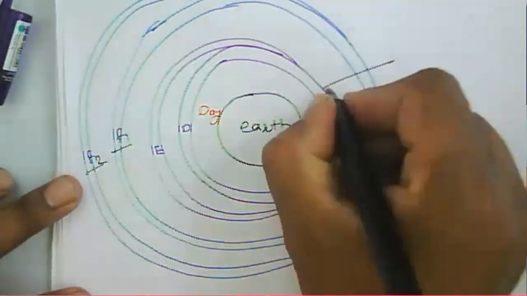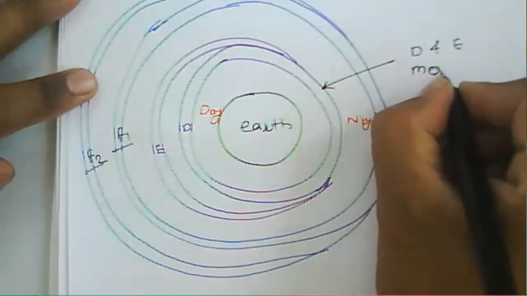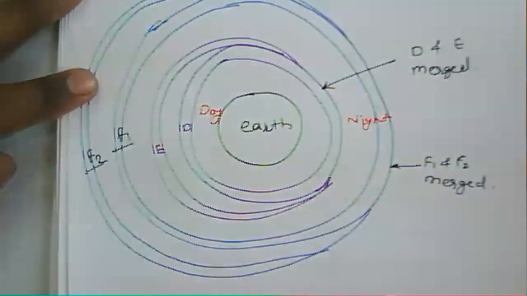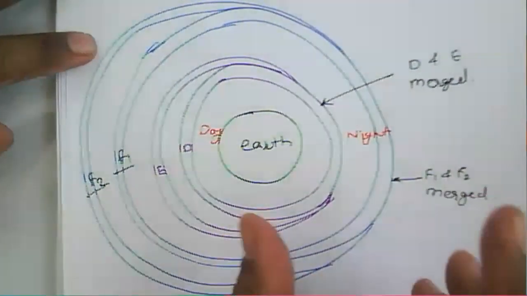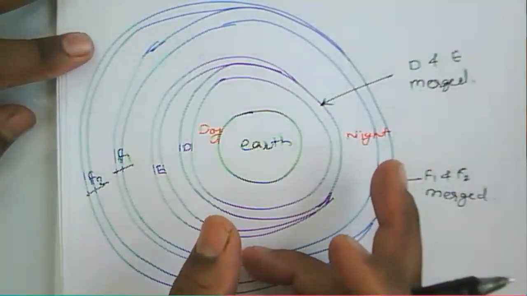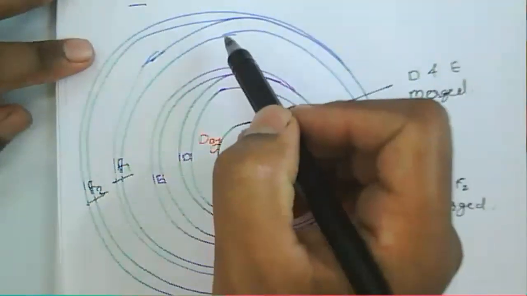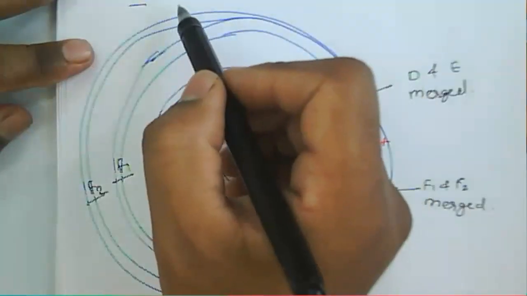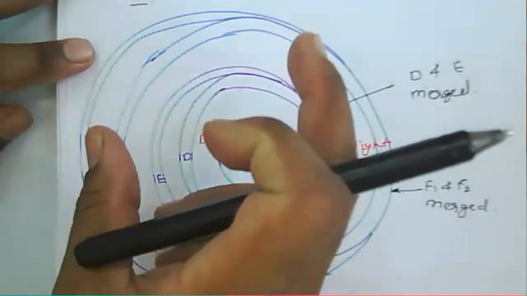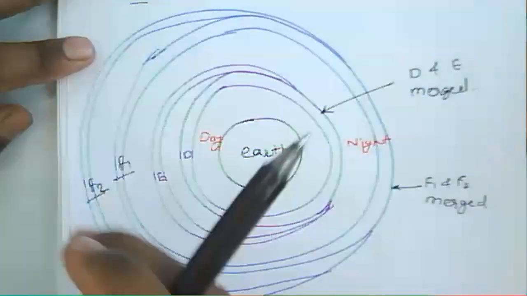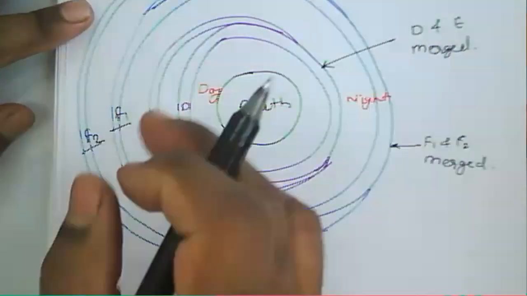So similarly, the D layer and E layer will be merged at night. So that's why we say that the atmospheric condition is time varying. Okay, atmospheric condition is time varying because of that solar radiation. So we say that the ionized gas molecules have free electrons and positive ions. Okay, so they change because of day and night. Okay, so we'll come to that particular point.